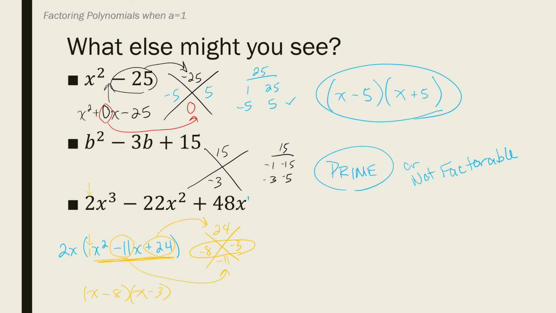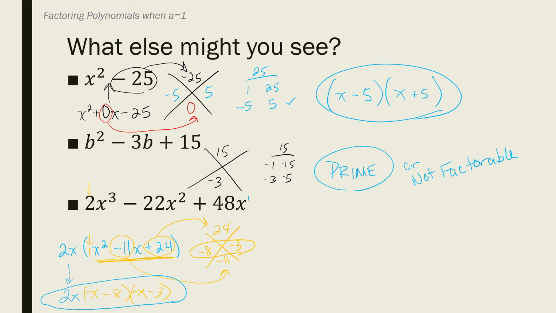And what you have to be very careful of here is that you don't leave your GCF behind. That still is in the problem. So if you factor out a GCF, it just kind of comes along for the rest of the problem. Don't drop it off. So our factored answer for this one is 2x times the quantity x minus 8 times the quantity x minus 3.